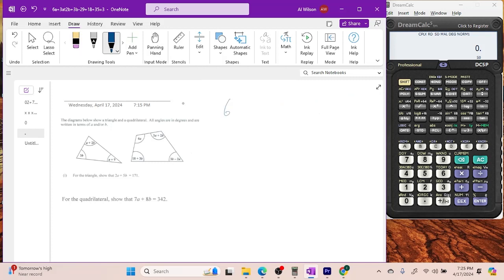So let's go again. 6a plus 3a plus 2b plus 3b minus 2a plus 18 plus 3b is equal to 360 degrees. So like before, we need to ensure we have all of the a's grouped. So we have an a here, another one here, and next one here. So we have 6a plus 3a. Notice this is negative 2a.